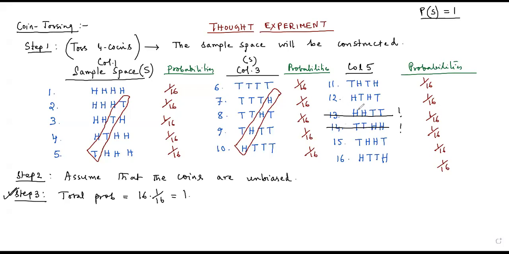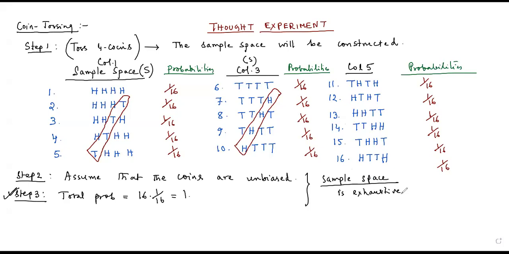Therefore, we have to be very careful while constructing our sample space. For this sample space, I can consider that it is exhaustive because all the outcomes have been considered. Sample space is exhaustive. I hope that you are familiar with this term exhaustive. Okay.